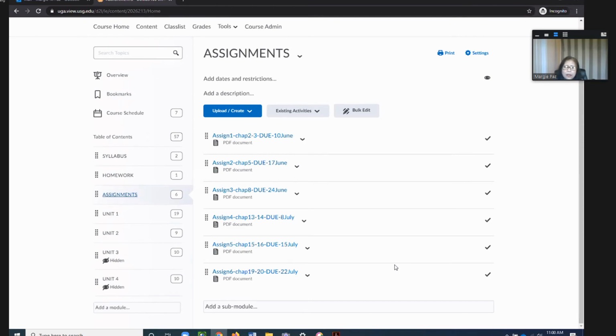So for us, if we say we've finished chapter 8, since the information is still fresh in your minds, then you can look at the questions for chapter 8 for the assignment. And make your notes and start working on it. These are due dates. You can turn this in way before the due date if you're already done with them.